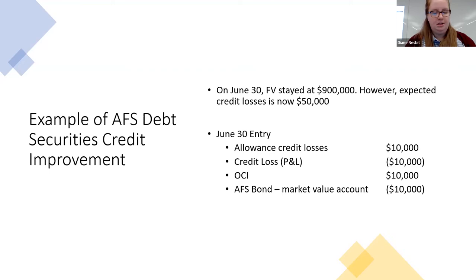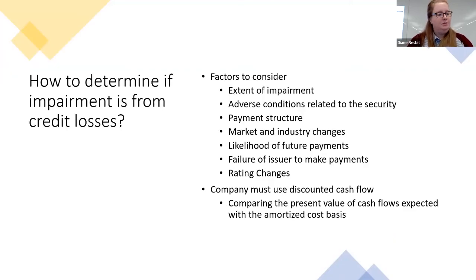Okay, so again, this is how to determine if impairment is from credit loss. There's a list of factors that it suggests you consider, but if we go to the very bottom, it dictates that you have to use discounted cash flows. Hopefully most of these things, like the payment structure and the likelihood of future payments, are reflected in the interest rate you're getting back on that bond or the factors going into your discounted cash flow.